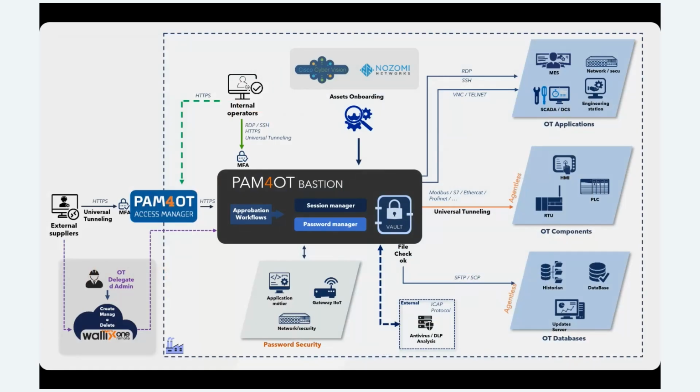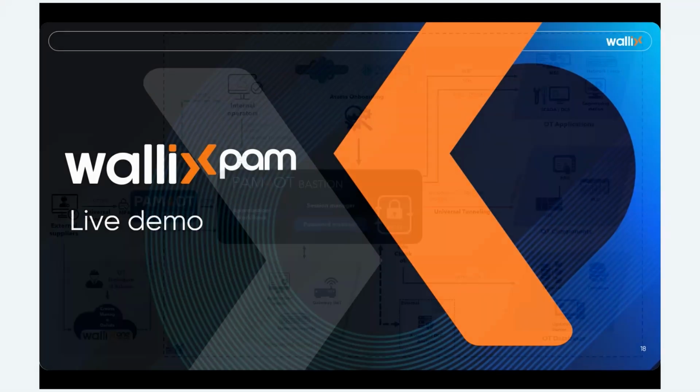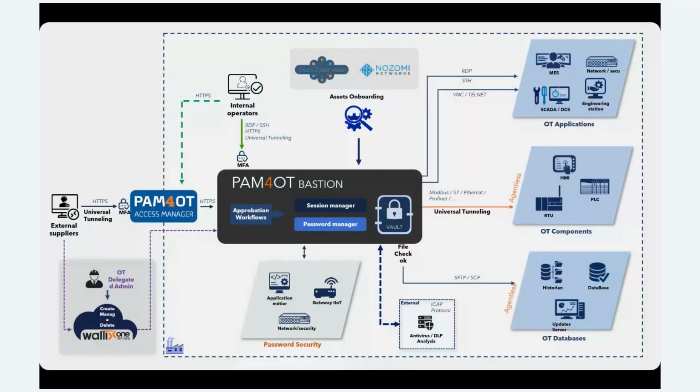This is a more detailed architecture of what we do in terms of our different components. As you see here, we have WALLIX Bastion, which is a black box, and on the left hand side, we have Access Manager. Any external user will connect to Access Manager. Any internal user will connect to the Bastion.